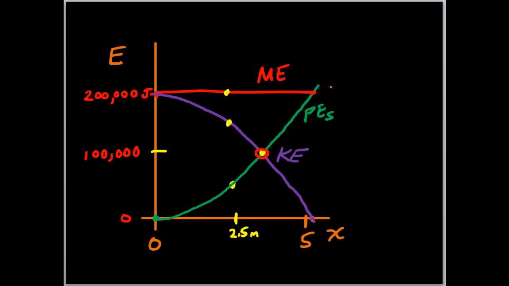Now this is the case again where there's no friction. No friction means kinetic energy plus potential energy is conserved. So make sure you understand these energy plots and how potential energy, kinetic energy, mechanical energy all relate.